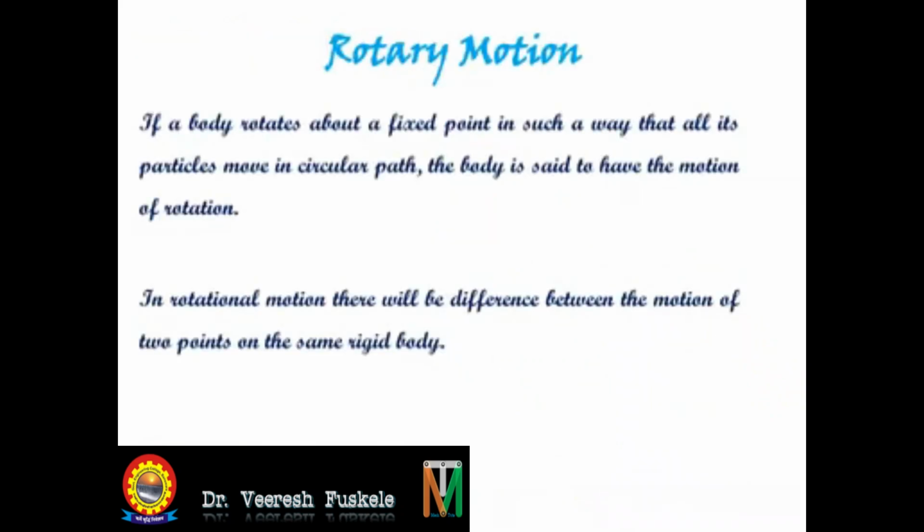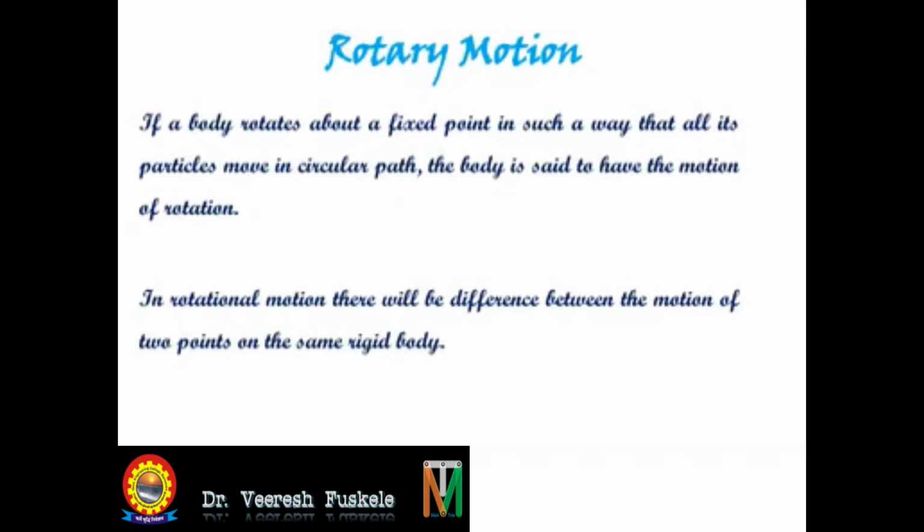Next, what is rotary motion? If a body rotates about a fixed point in such a way that all its particles move in a circular path, the body is said to have motion of rotation. In rotational motion, there will be difference between the motion of 2 points on the same rigid body. So whenever there will be a difference, then it will be in a circular path, or it will be rotary motion.